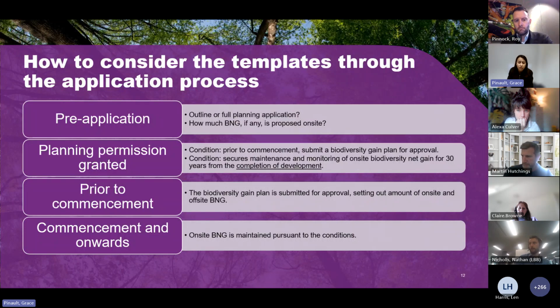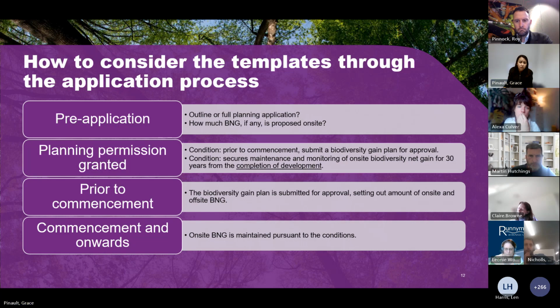And as I mentioned before, prior to commencement, you submit that biodiversity gain plan for approval. It is informative, and it requires that if you're relying on offsite biodiversity units, those units be registered. So you would then consider, do I have a Section 106 obligation to secure those offsite habitat enhancements?